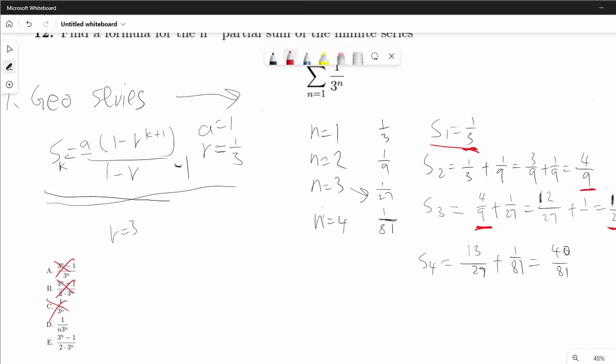For D, it says that my S1 is 1 times 3, which is 1/3. Sure. For n equal to 2, I want to keep testing. It's 2 times 3 to the 3 squared. So that would be 1 over 18, which is not right.